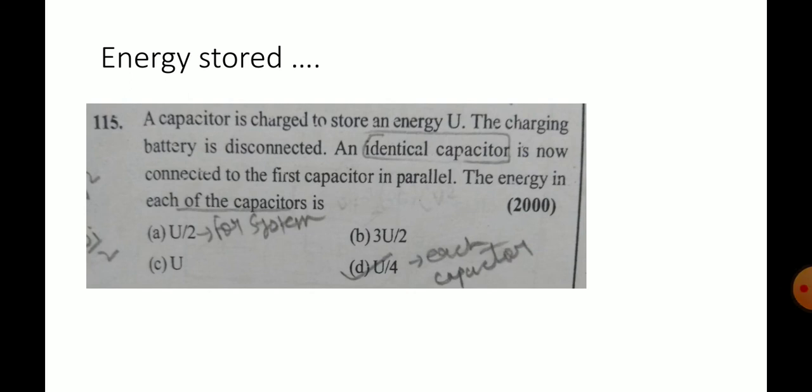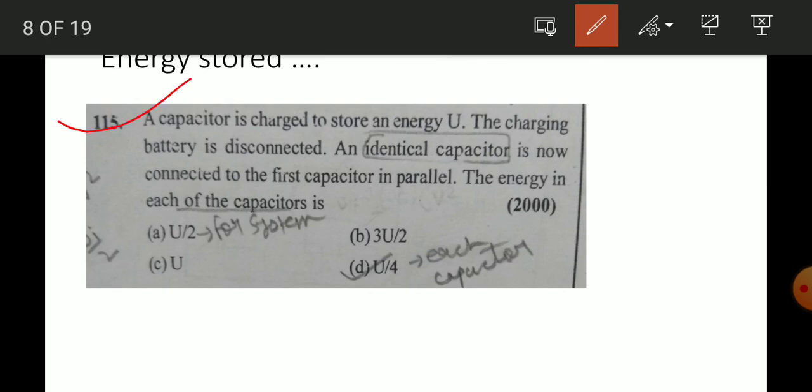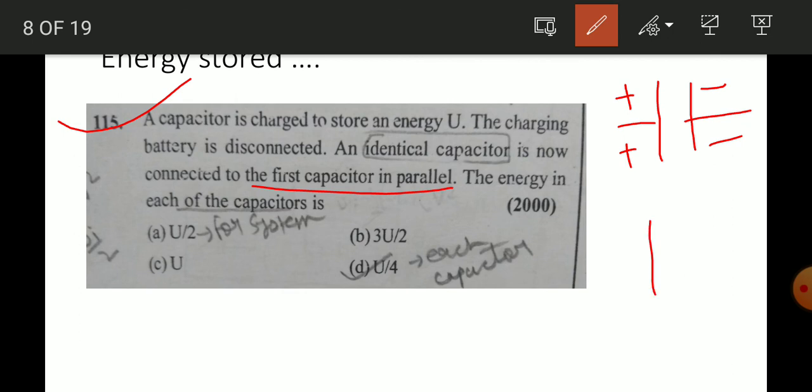Check this one. A capacitor is charged to store energy U. The charging battery is disconnected. An identical capacitor is now connected with the first capacitor in parallel. So suppose that there is a capacitor, we charge it up to some voltage, and then disconnecting it from the battery, we connect it with another capacitor which is uncharged.